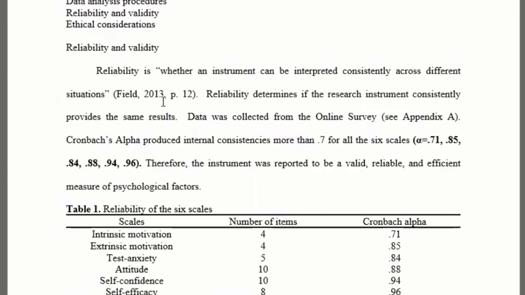According to Field 2013, page 12, reliability determines if the research instrument consistently provides the same results. Data was collected from the online survey, and Cronbach's alpha should show internal consistency of more than 0.7. If it is more than 0.7 for all the scales, this is a good indicator that the scales are reliable, that is, consistent.